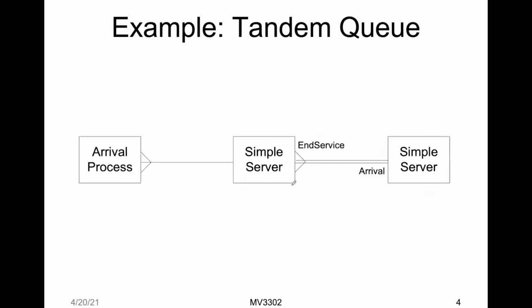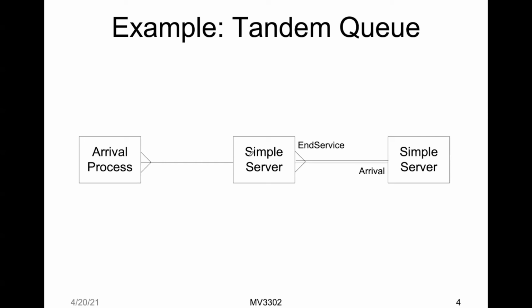But here's how we could do it. Remember the simple server. The simple server just had the service component in it. It didn't have the arrivals in it. And so the simple server had to listen to an arrival process in order to trigger its arrival events.